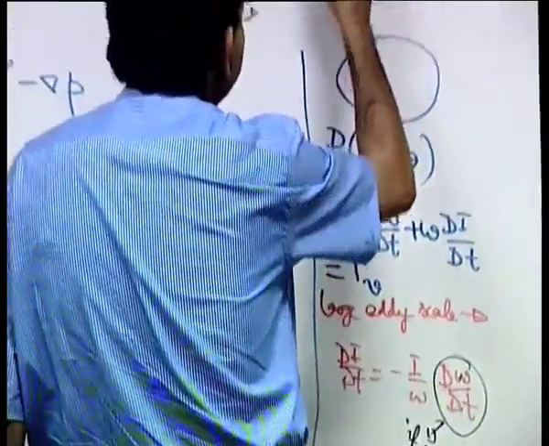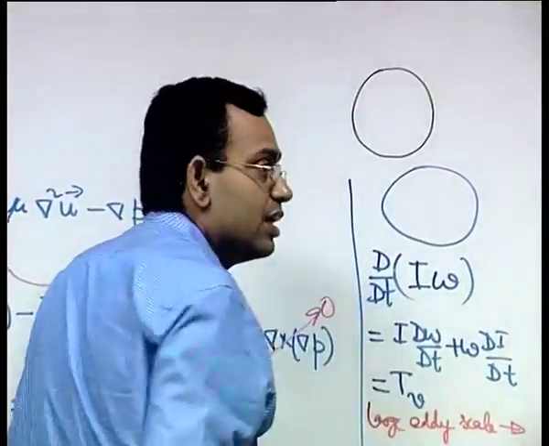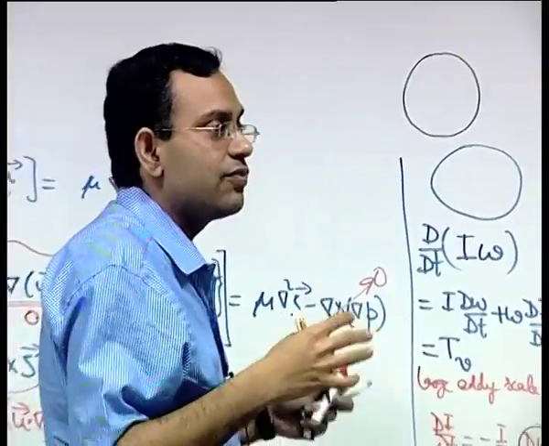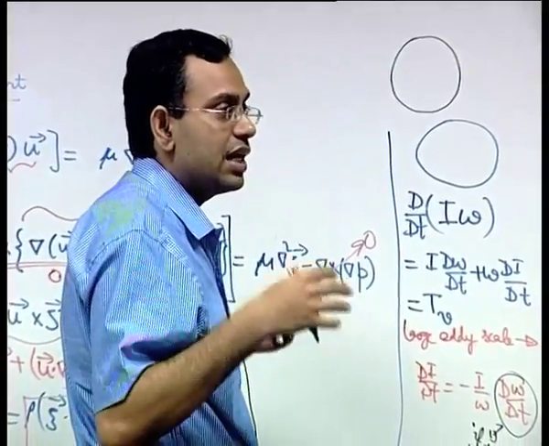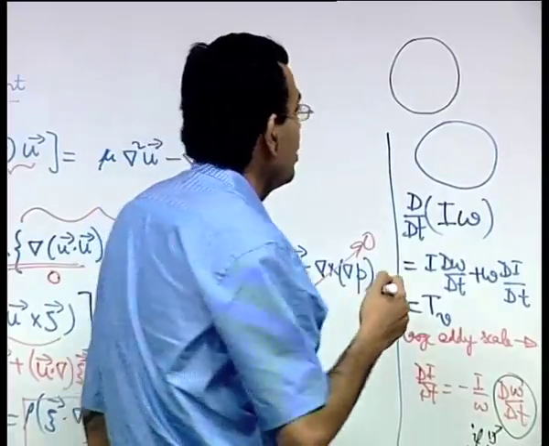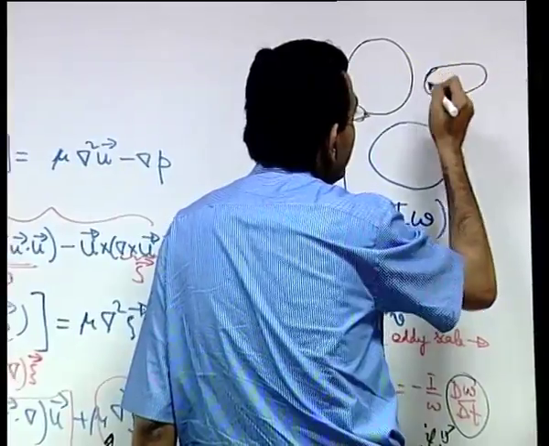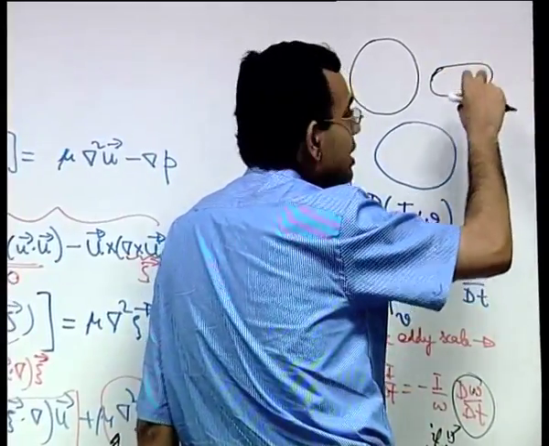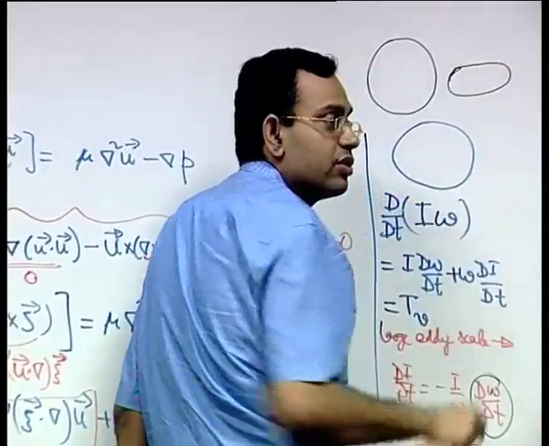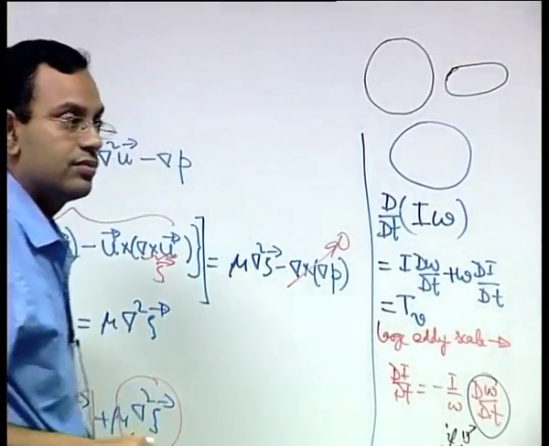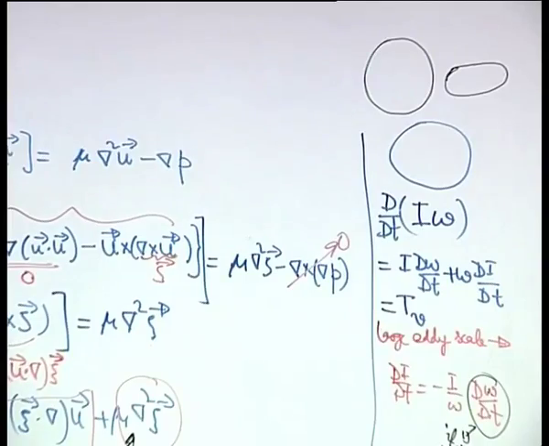So if the vortex element was like this, it is not changing its volume, say it's an incompressible vortex element. So what it is doing, it is evolving into a structure where it is bit of elongated, so that its effective radius of gyration goes down. That is how its moment of inertia can go down.